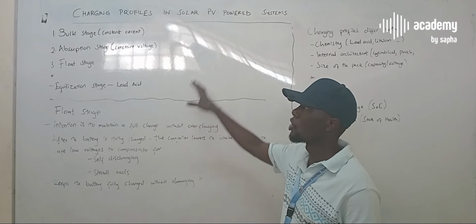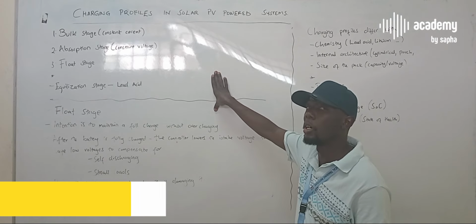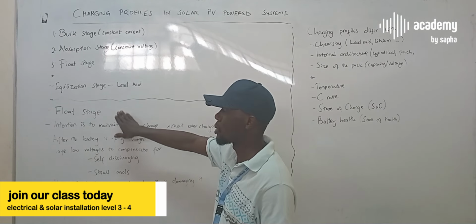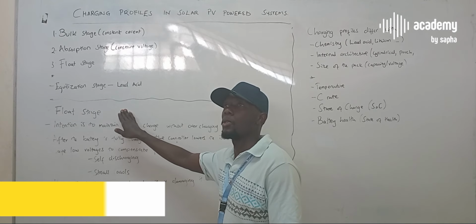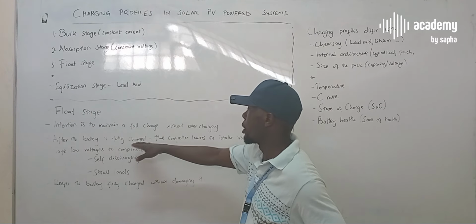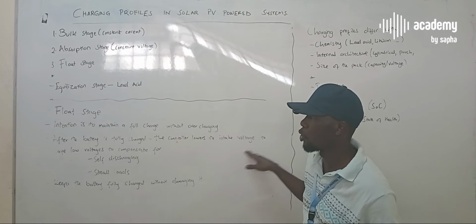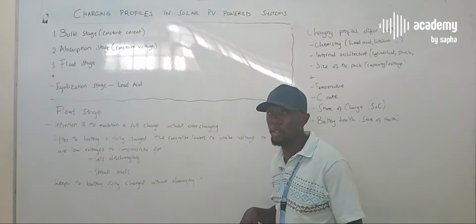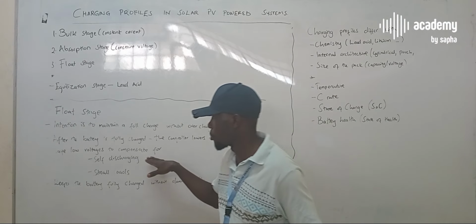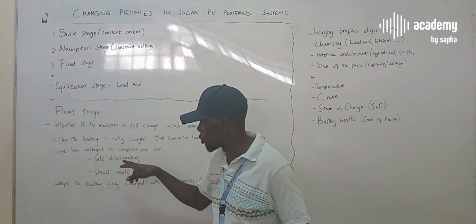So in this stage, this is normally when the SOC is at 100%. Once the system determines that the SOC is 100%, the controller will lower the voltage into the battery. It will lower it to a very safe voltage to compensate for self-discharging.